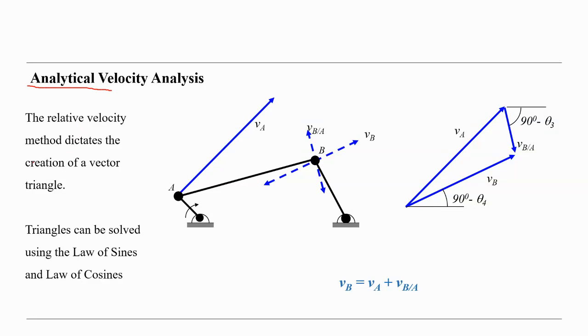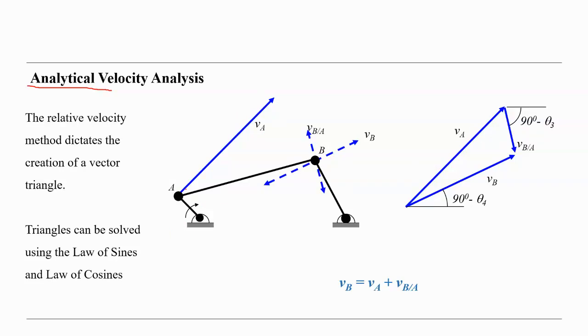So the relative velocity method dictates the creation of a vector triangle. So this is here. The triangle, as you remember from our previous lessons, this is VA. We can calculate the magnitude and the direction.